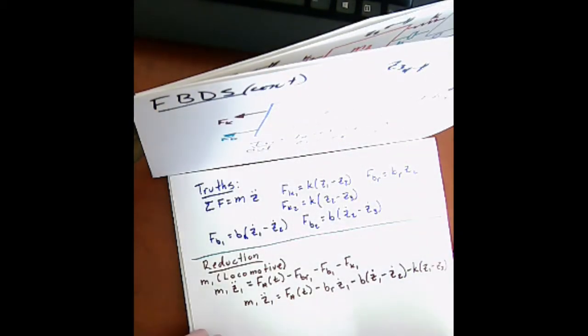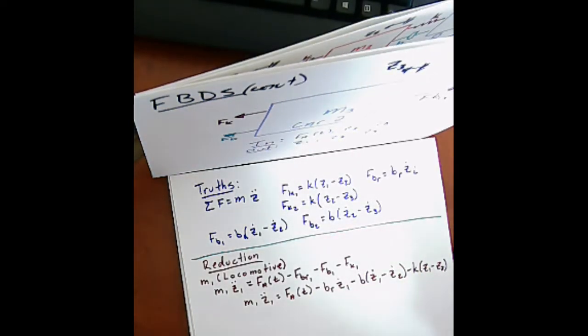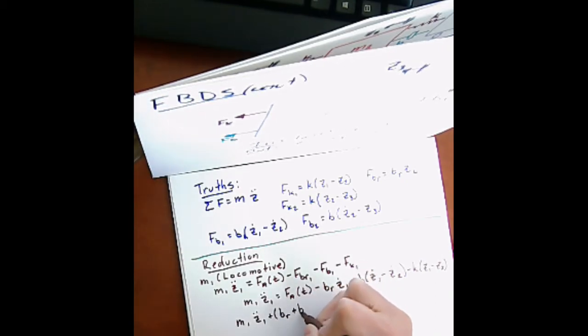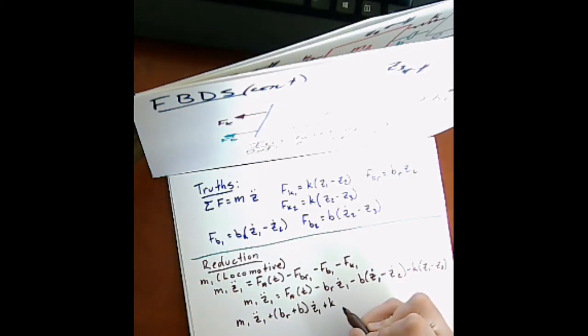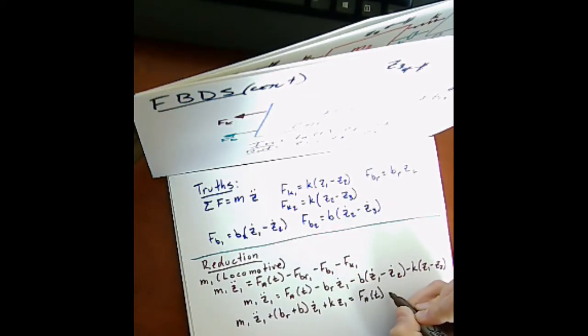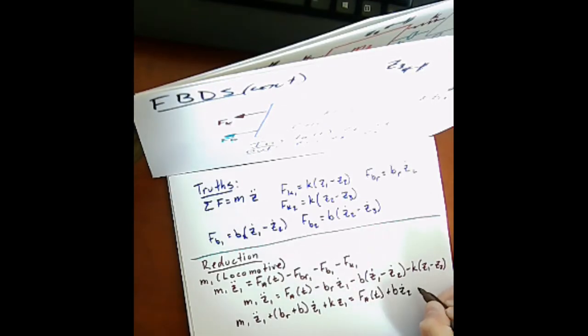And now this is cool, right? Because I can algebra this. I'm going to get all my Z1s on one side and leave everything else on the other side. So I'll get M1 Z double dot 1 plus quantity BR plus B, Z dot 1 plus K times Z1 is equal to FA of T plus B Z dot 2 plus K Z2, right?